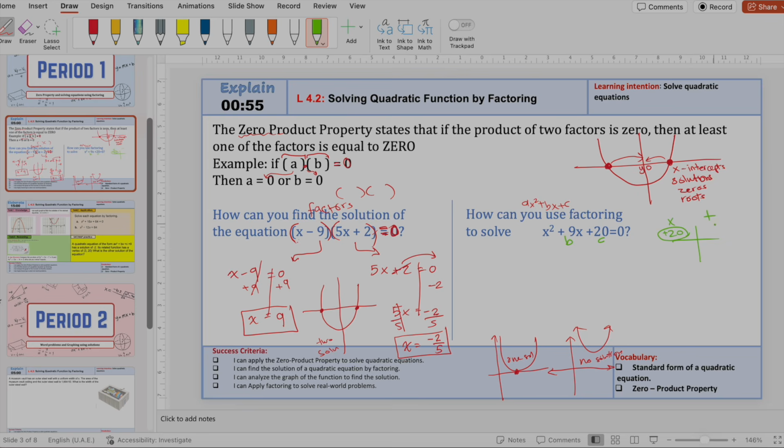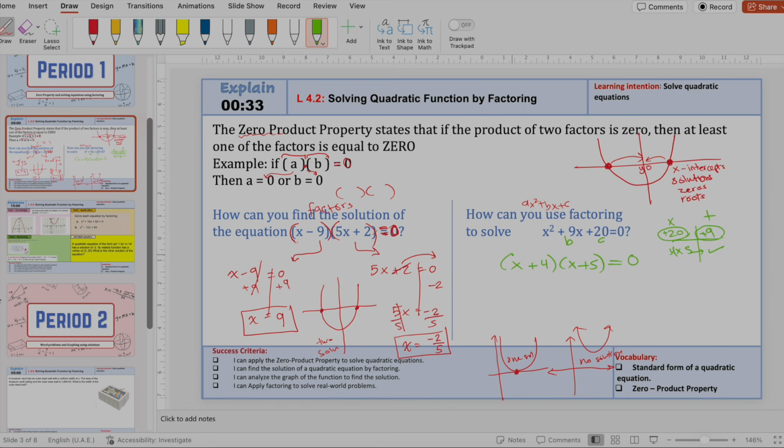If you add them, you get 9. So I have 4 times 5. Both should be positive. 4 times 5 is positive 20, and 4 plus 5 is 9. So just open two brackets. I don't have an a, so I don't have to worry about it. x plus 4, x plus 5. Keep the fact that it's equal to 0.